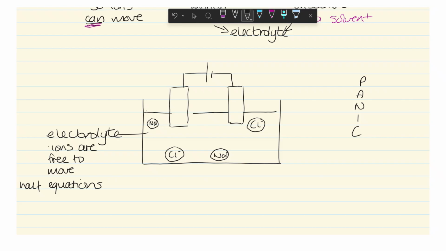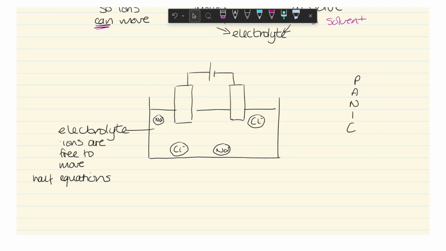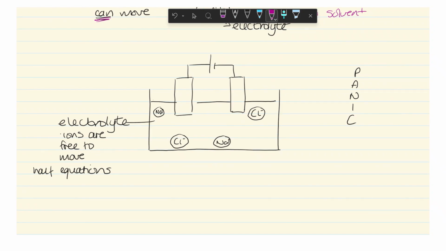So what we have is a positive and a negative electrode. The positive electrode, this is where panic comes in. The positive electrode is called the anode, which means the negative electrode is called the cathode. I'm going to call this one over here the anode and say it's the positive. I'm going to call this one over here the cathode.